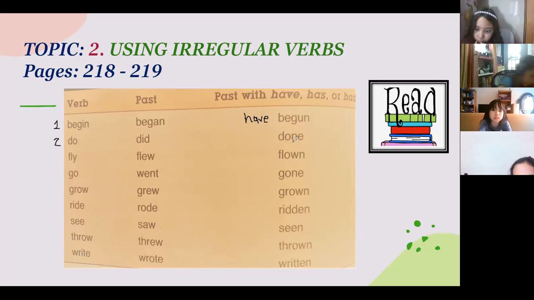I have done. She has done. We had done. We can have have, has, or had before it. So we identify that the verb that follows is done.